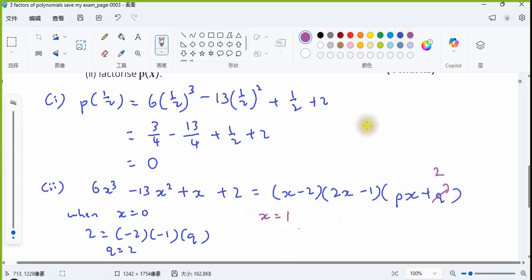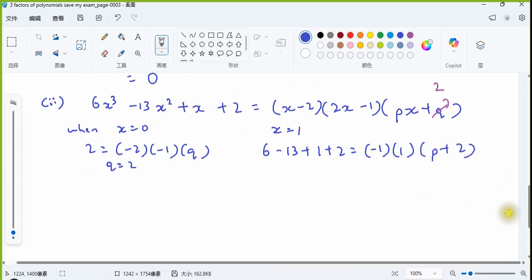So when x equal to 1, then we have 6 minus 13 plus 1 plus 2 equal to 1 minus 2, negative 1, 2 minus 1, 1, and then we have p plus 2. Okay, so this one is negative 4. So negative 4 is the negative of p plus 2. So we have p equal to 4 minus 2 equal to 2.